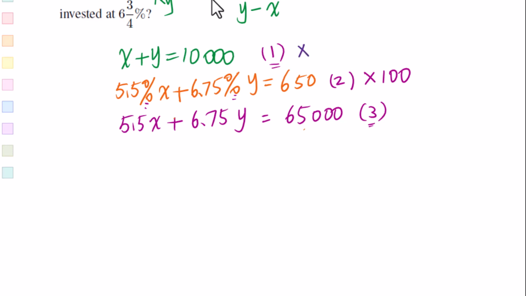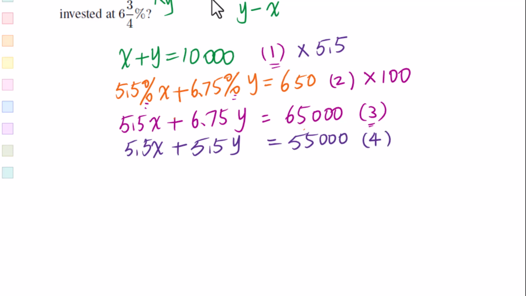The first equation multiplied by 5.5. So we get 5.5x plus 5.5y equals 55,000. This is equation 4.